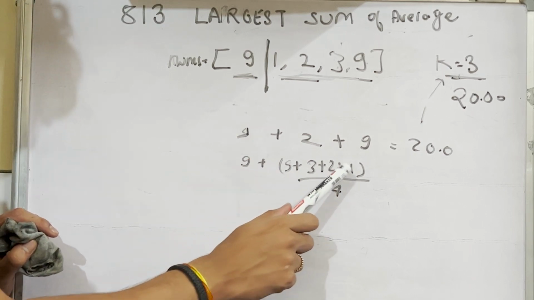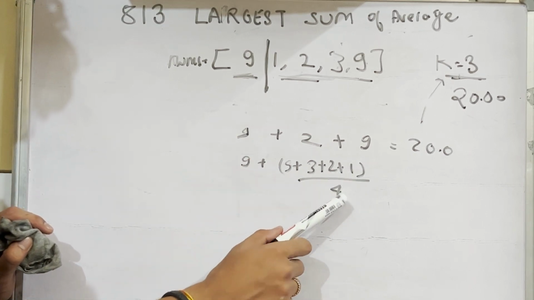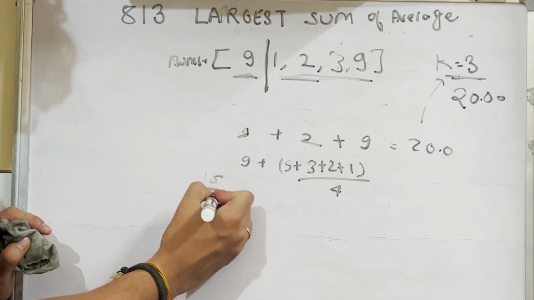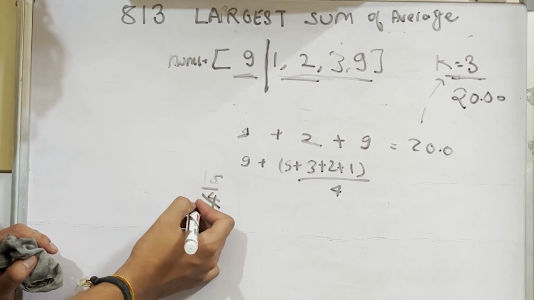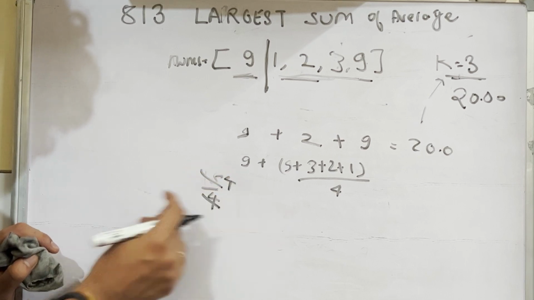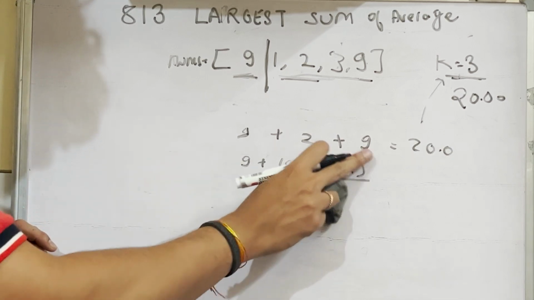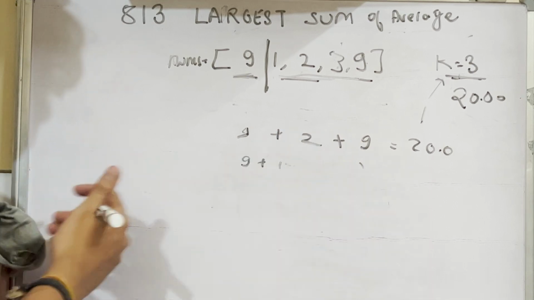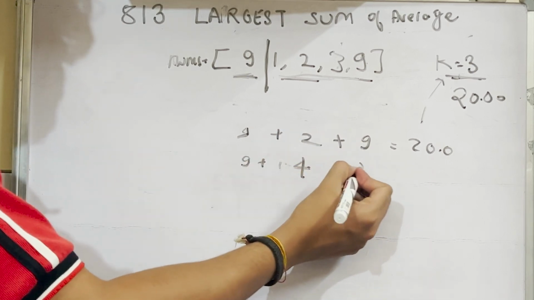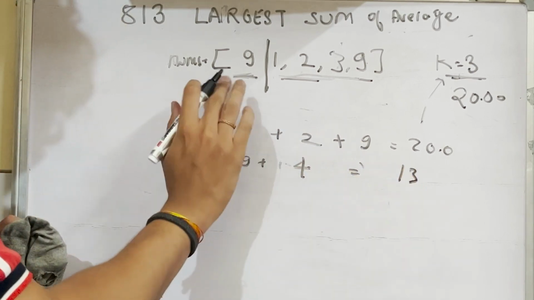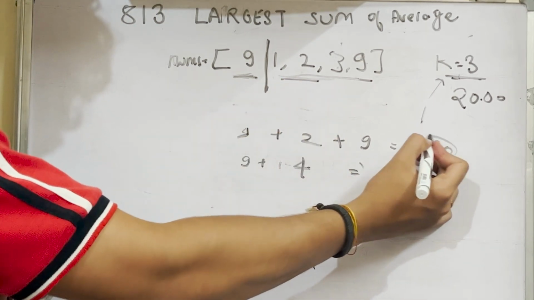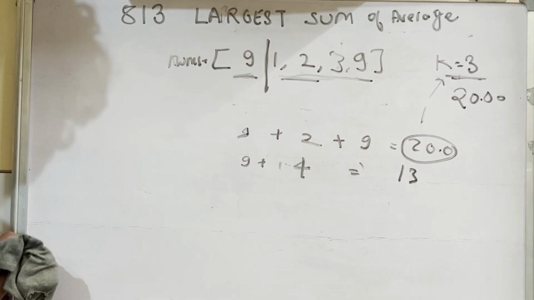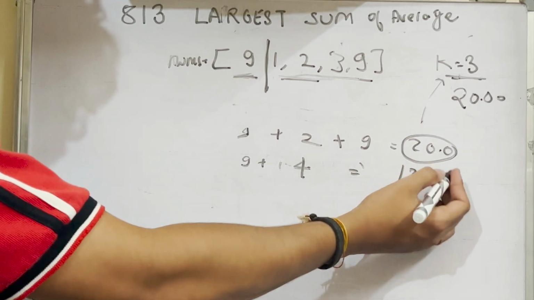So 9 plus 1 is 10, 10 plus 5 is 15, and 15 by 4 is somewhere around 4. So this whole term will turn to around 4. So 9 plus 4 will be 13, and you'll try all possibilities. The maximum sum that you can get is 20, and you have to return this.